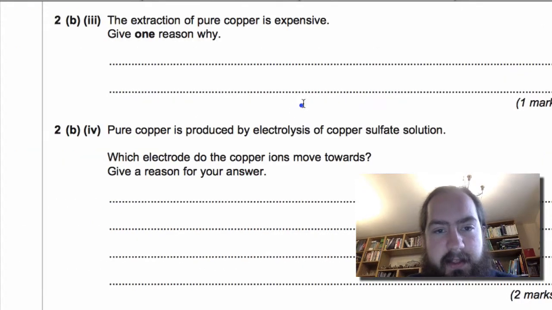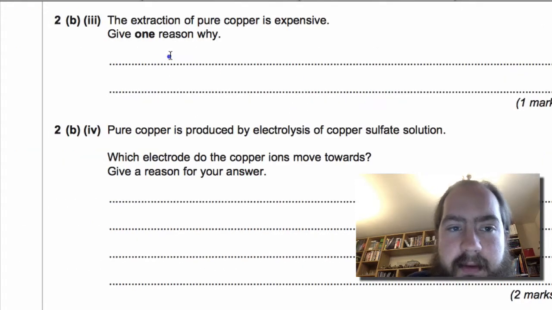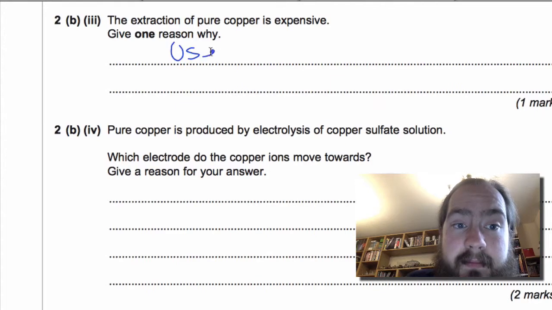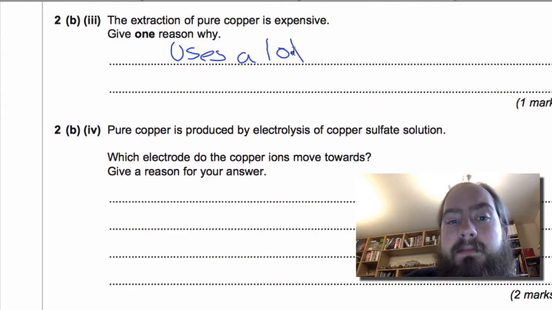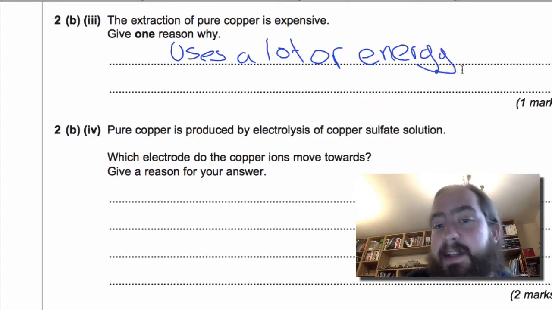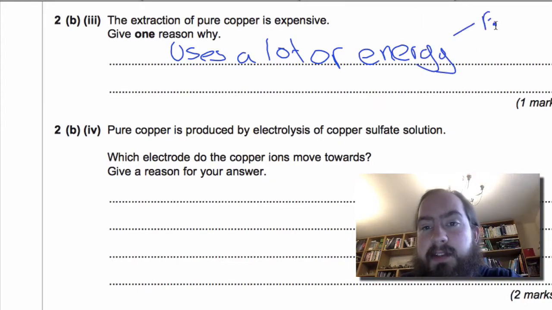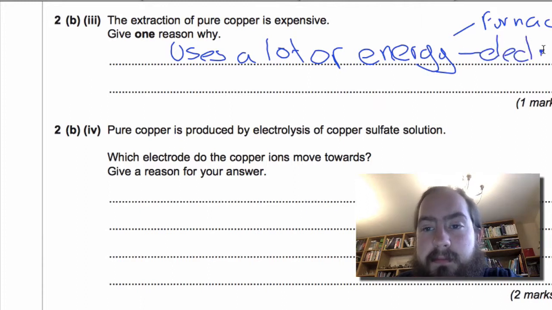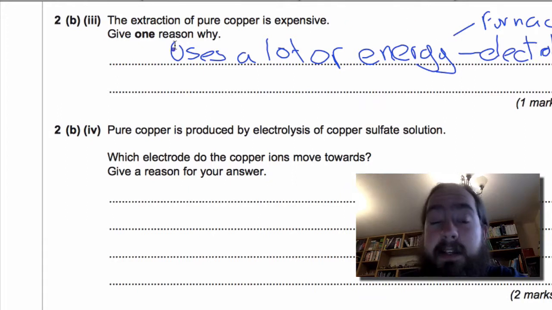The first way is to write down that it uses a lot of energy. That's the energy being used for the furnace and for the electrolysis, because the electrolysis also has to happen at a high temperature.